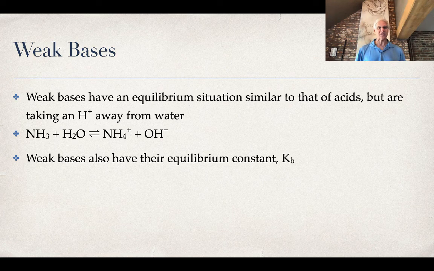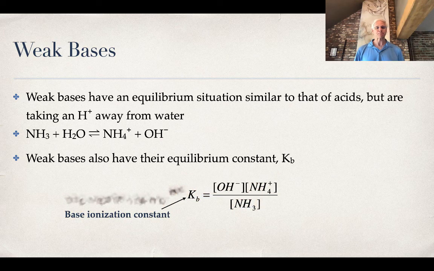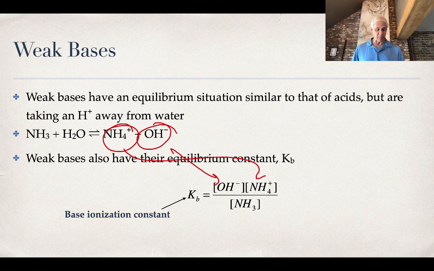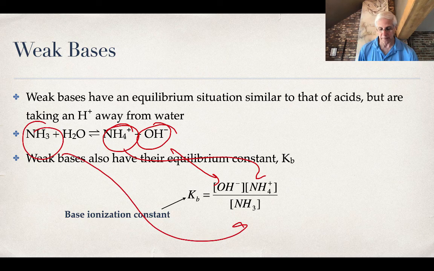That's what that Kb specifically means, where you have a weak base dissociating water. So we're taking that H plus away from water. So if we wanted to write the equilibrium constant expression here, or base ionization constant, same thing, we have our Kb. So we're going to have our OH minus here, our NH4 plus, and then our reactant NH3.